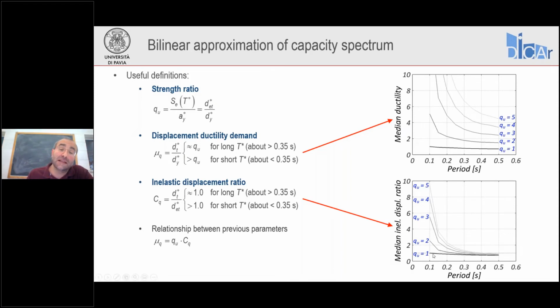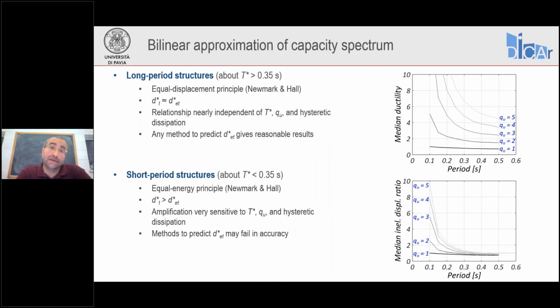Actually, for periods T star going towards 0, these values tend to infinity. And this is not new. We know this since studies on nonlinear dynamics in the 60s from Newmark and Hall.